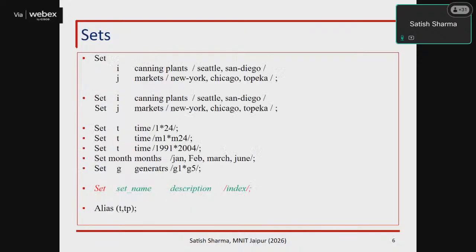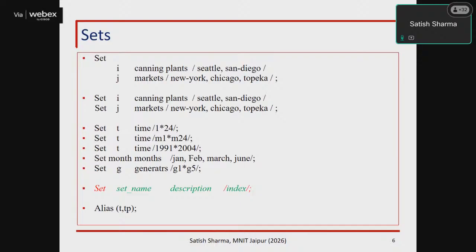What is the syntax for sets? Let's say there are two sets, I. If you see at the bottom, red and green color codes are given here. The red you have to keep as is in GAMS. It understands the red.